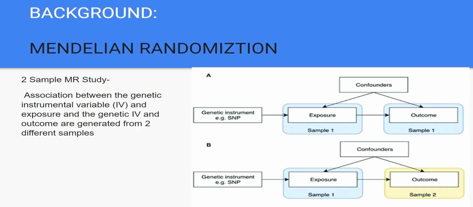Here we will see that they are using a two-sample MR study. So what is two-sample? Here you can see in the diagram, it's one sample. If we are using only one sample, it's a one-sample study.